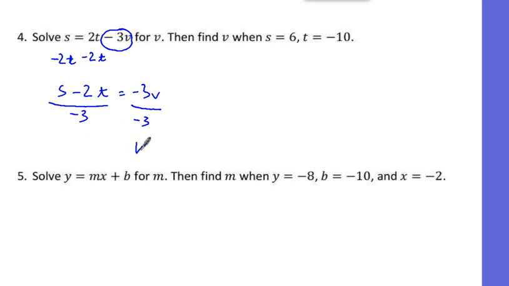So v equals S minus 2t divided by negative 3.